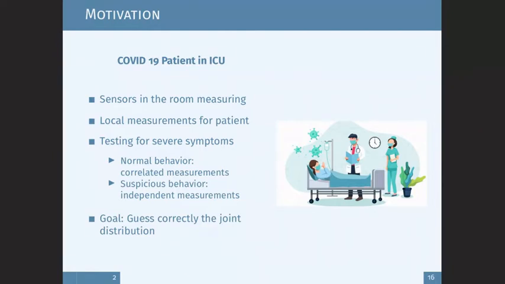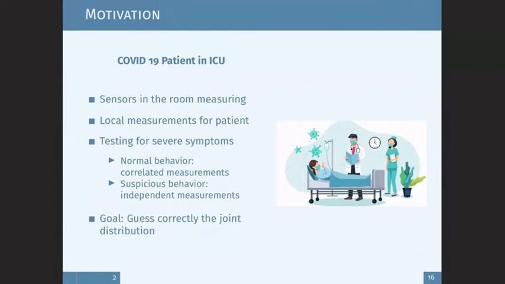And the goal of such a connected system is to test if there's something suspicious happening. If there's, for example, a severe symptom. So, for example, in COVID, we were surprised when we heard that there is loss of speech or movement symptom with the COVID. This was not really a normal symptom.